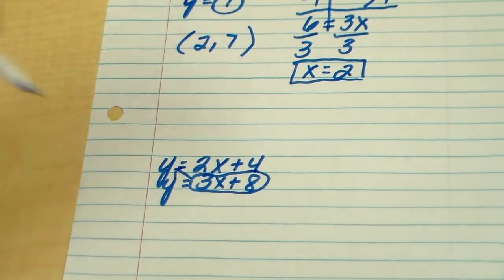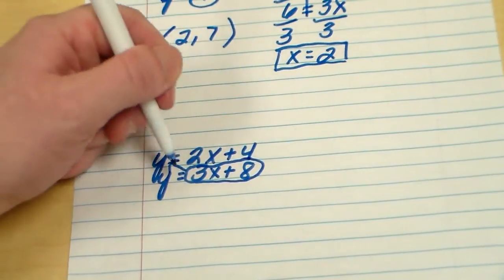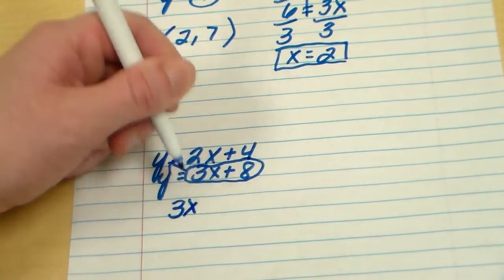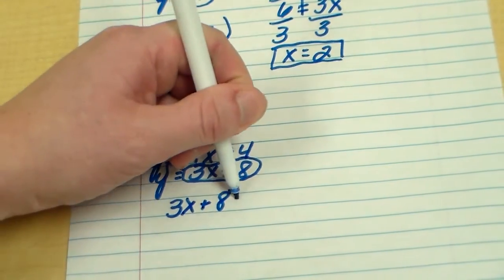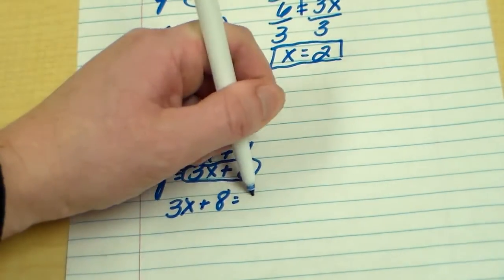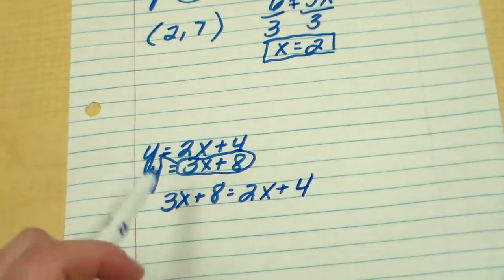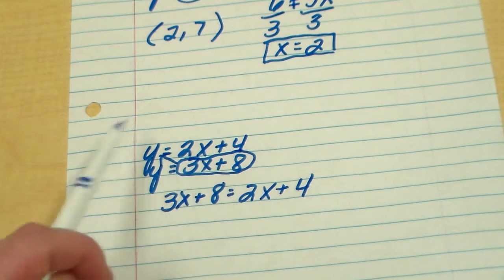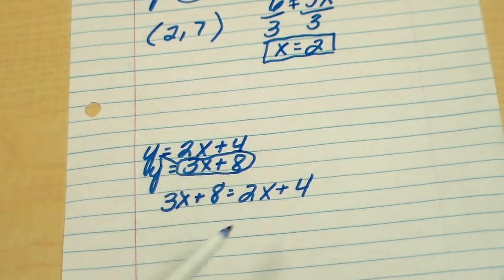So what that's going to look like now is when I replace y in my first equation with what y is from my second, I have 3x plus 8, which is y, equals what's left, 2x plus 4. So I basically substituted that entire second equation into the y up here in the first. And I've made them equal to each other.